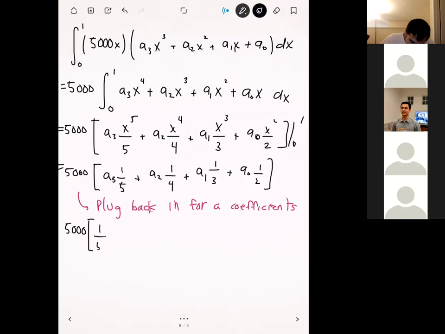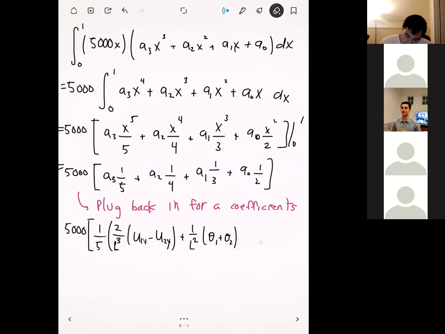For a3, we're going to have a 1/5 out in front. And a3, if we go back to the previous page, had this coefficient: 2 over L cubed times u1y minus u2y, plus 1 over L squared, theta 1 plus theta 2. So that was our a3 term.